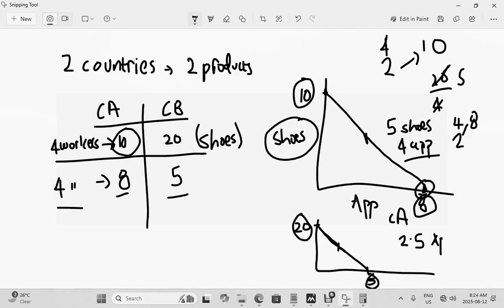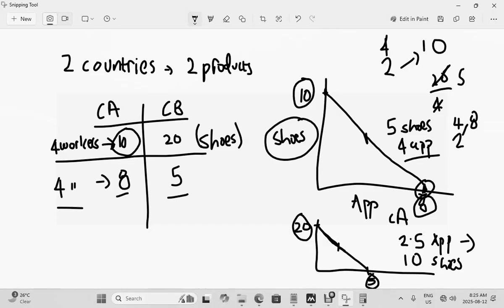Theoretically speaking, 2.5 appliances or 10 shoes. Let's just leave this as 2.5. Usually it will be 3 if you approximate because you can't have half an appliance, but let's assume that this is 2.5 for our calculation.